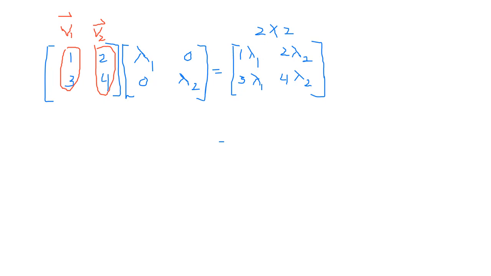Now I can write that matrix as the matrix whose first column is lambda 1 times 1, 3, and whose second column is lambda 2 times 2, 4.